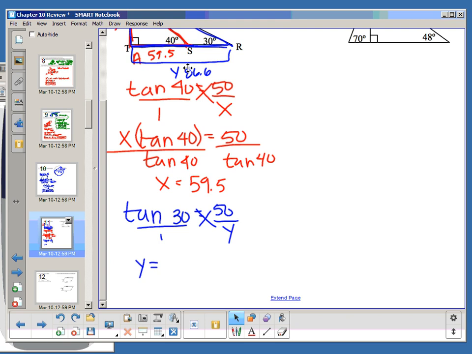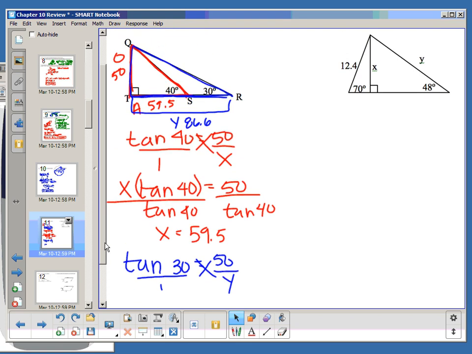So to find what's left over, I'm going to go back up here. To find this part right here, I'm just going to do 86.6, subtract 59 point, we can round that up to 6. Okay, and in the end, that's going to give me RS to equal.